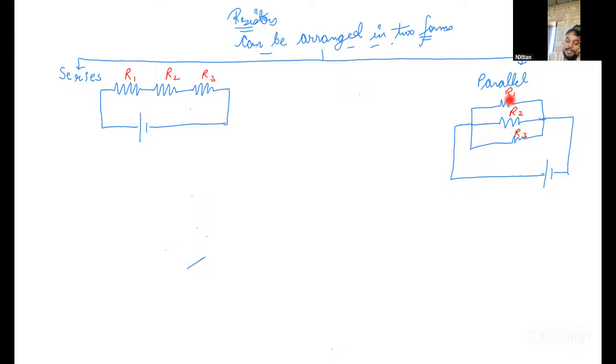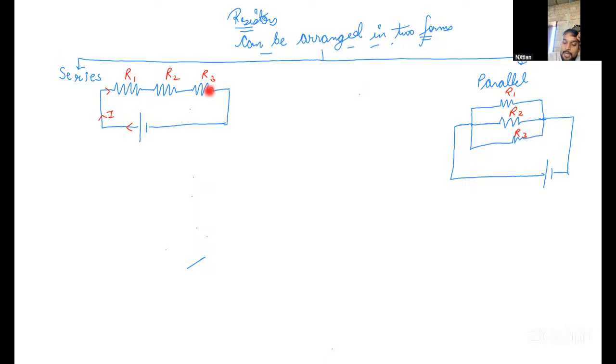Okay. Now, in this case, guys, everyone please pay attention. For example, if current is passed, then whatever the current of the circuit, it will go in R1, the same current. Whatever the current which arises from the battery, the same current will go in R1, the same current will go in R2, and the same current will go in R3.